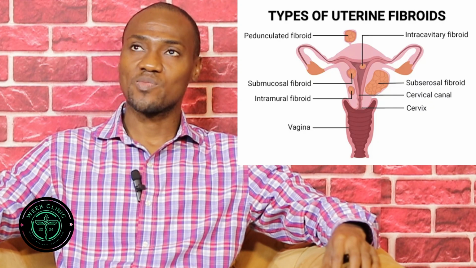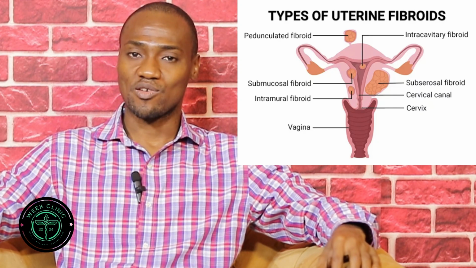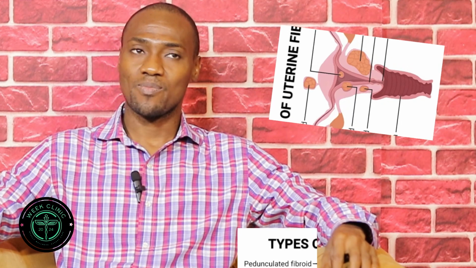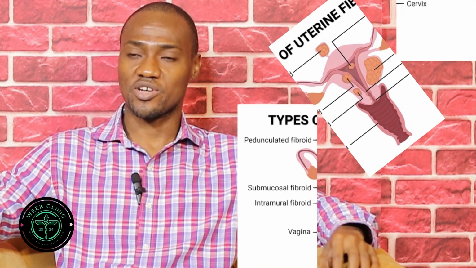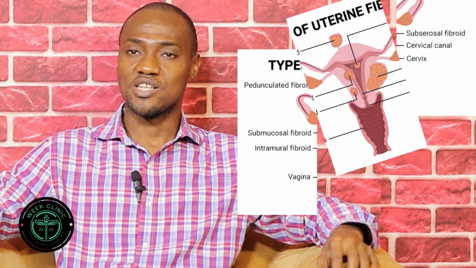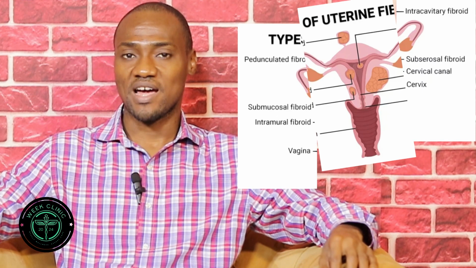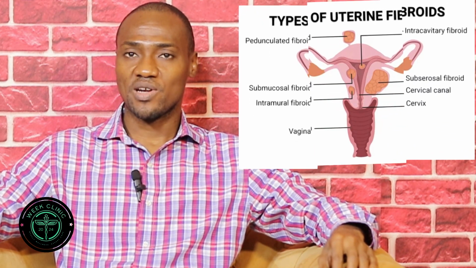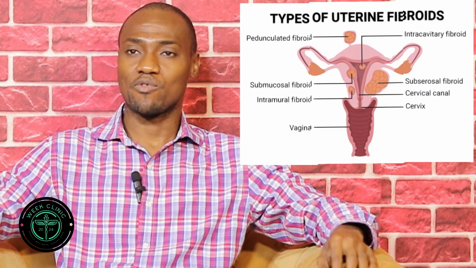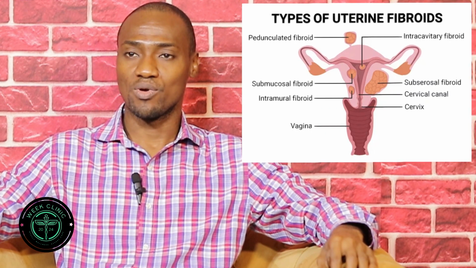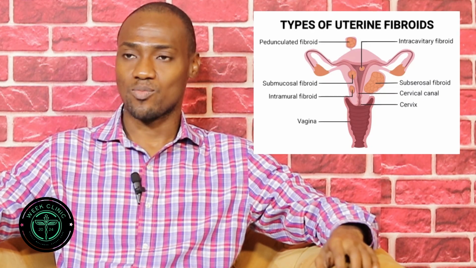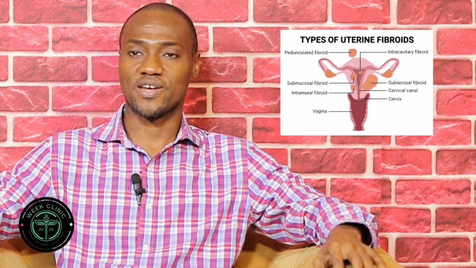They can also be classified according to the layers of the uterus in which they are found: the outer part, which is named serosal uterine fibroids, the middle part, intramural uterine fibroids, and the innermost part, submucous uterine fibroids. Additionally, there could be some fibroids that will be seen inside the womb. These are polypoid uterine fibroids. So these are the broad categories which we classify them as.